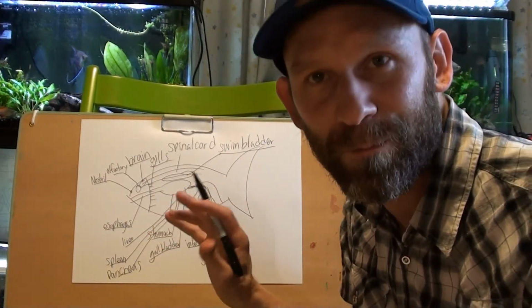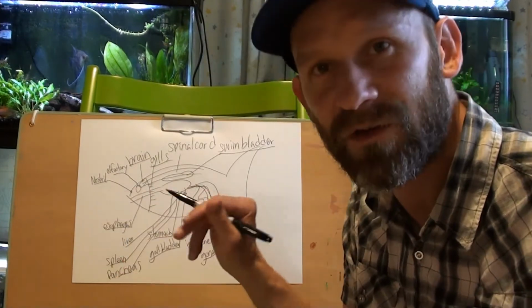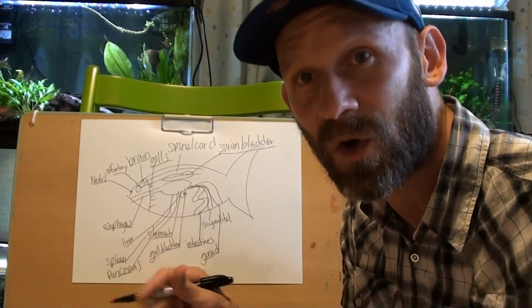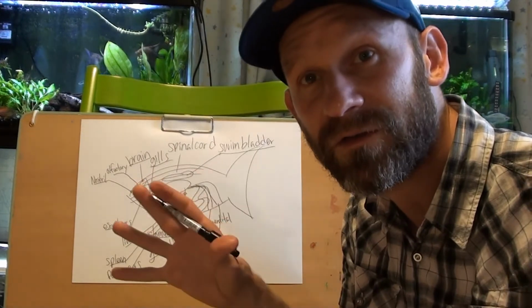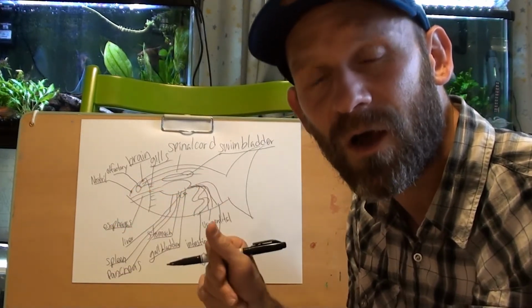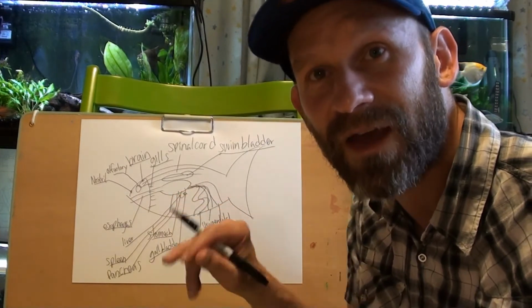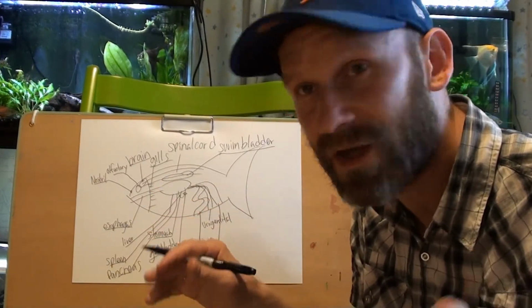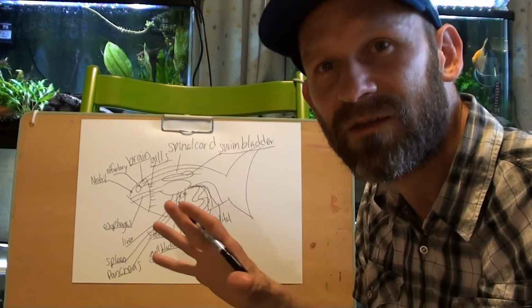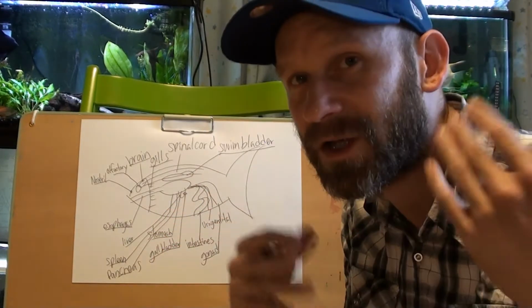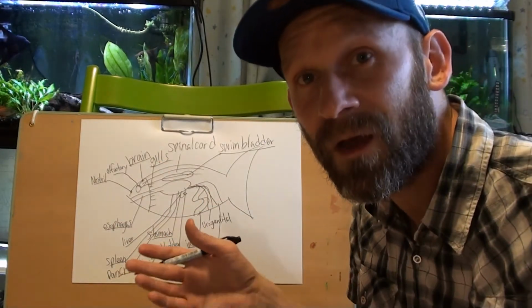I know the basic things, like herbivore fish that eat plants usually have a larger intestine than carnivore fish. So those are little things. I guess I can give you a little extra information.